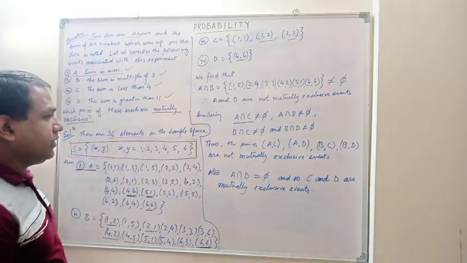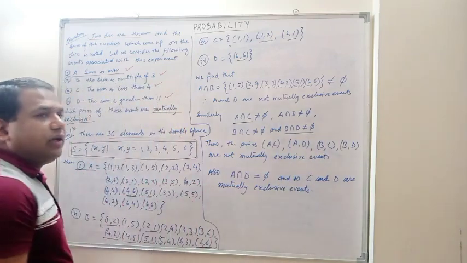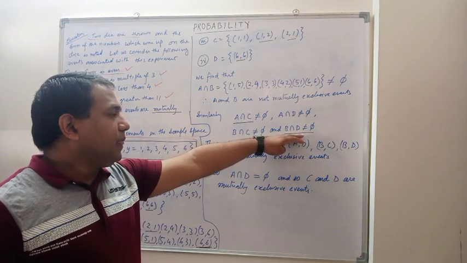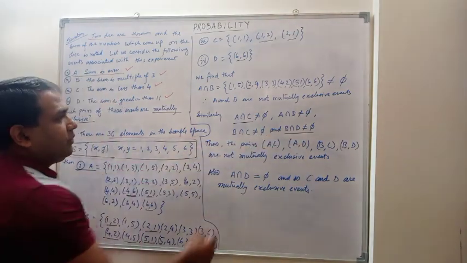So these two are common. Therefore B intersection D is also not empty.